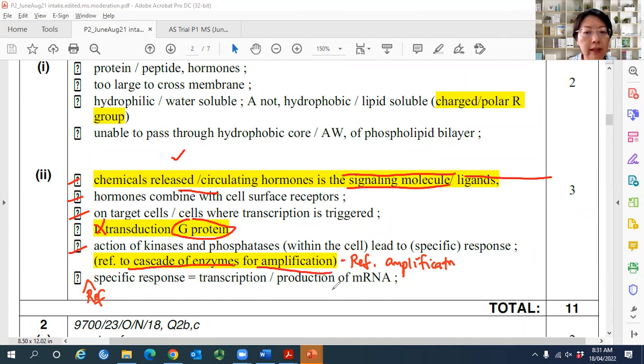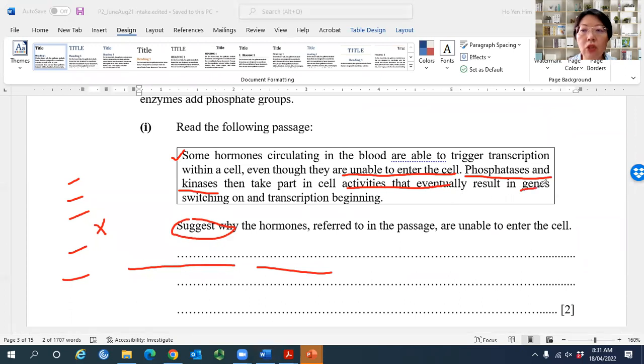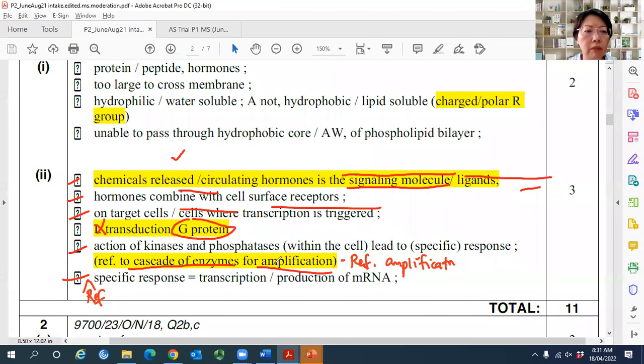to amplify the signal. Okay, then lastly, the passage talks about response, which is genes being switched on and transcription beginning. So therefore, I will expect the student to write the word response. The specific response is transcription or switching on of the gene.